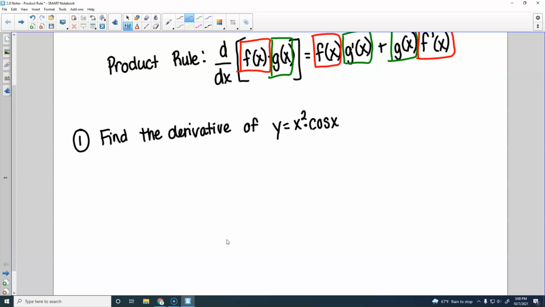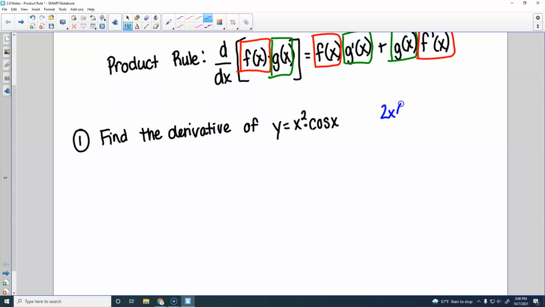Okay. So I've got x squared times cosine x. So you will be tempted to say the derivative of x squared, don't write this down, is 2x.